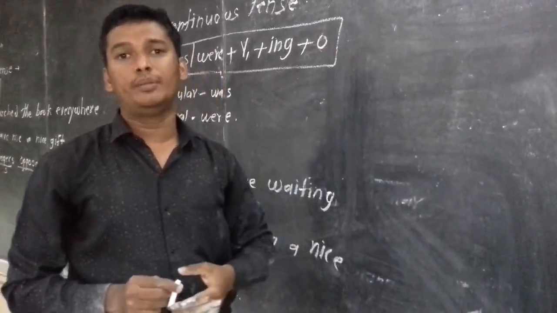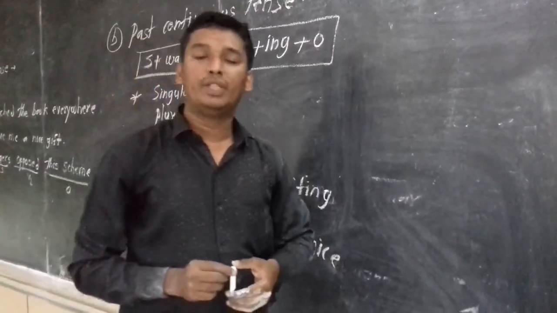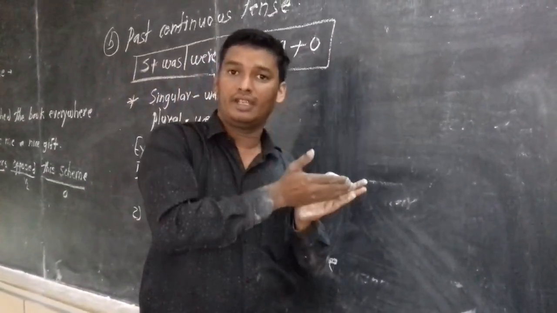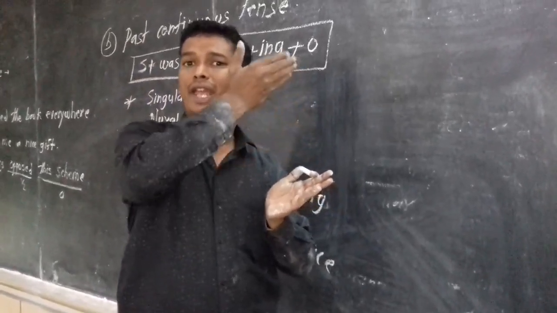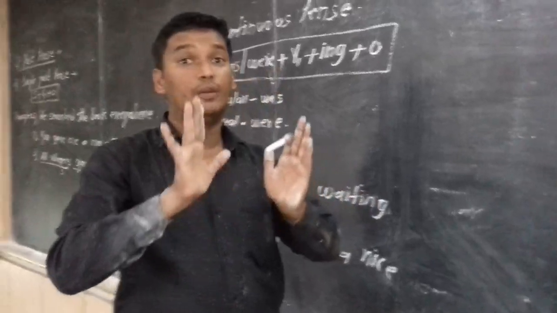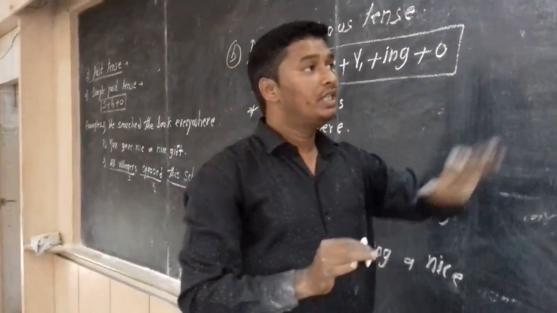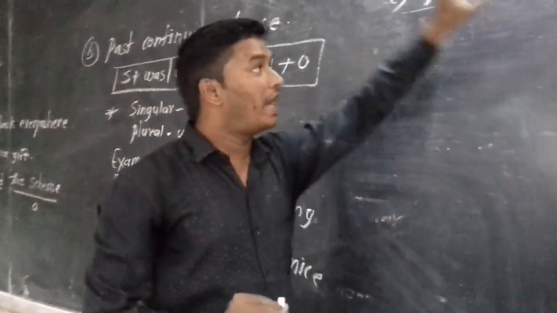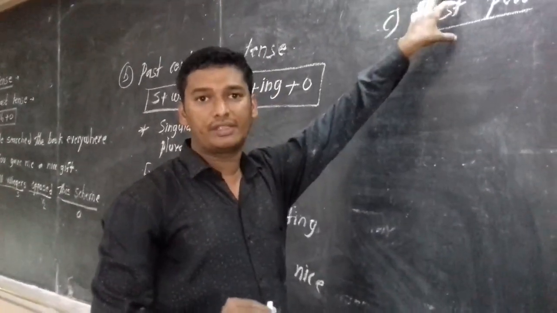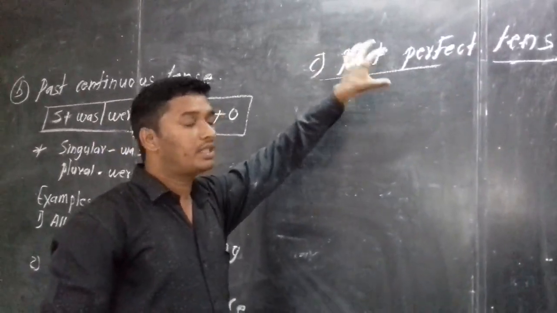Suppose that if you had completed your project yesterday, then that would be a completed action in the past. Such actions are expressed by this past perfect tense. What is the structure?